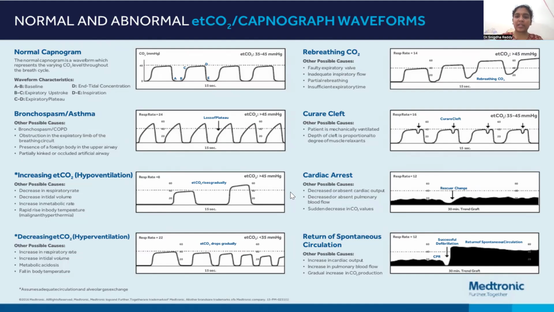In cardiac arrest, the capnograph drops continuously to 0. And during return of spontaneous circulation, if it is more than 18, there is success. If it is less than 8, there are more chances that the patient might not survive.